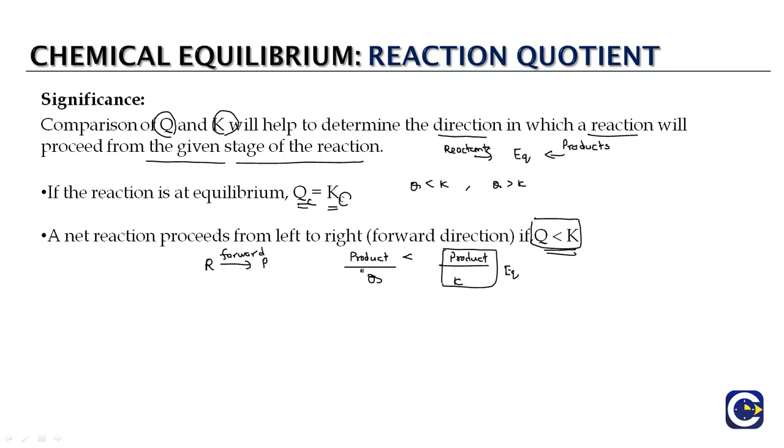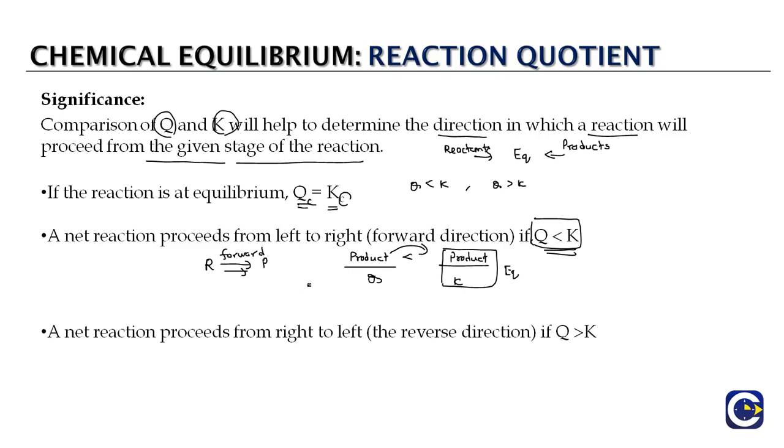Which means from that particular stage we will be able to form some more product, so that we will be able to increase the proportion of the product, and that would happen only when the reaction is proceeding in the forward direction.